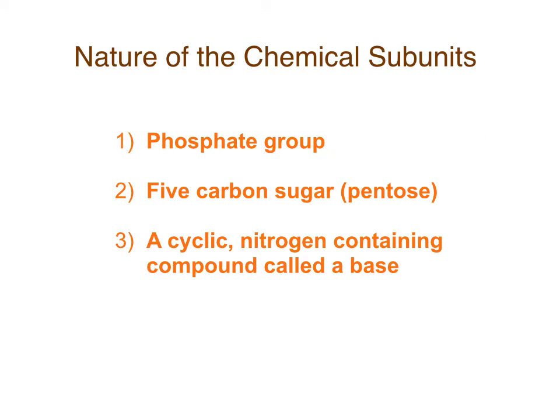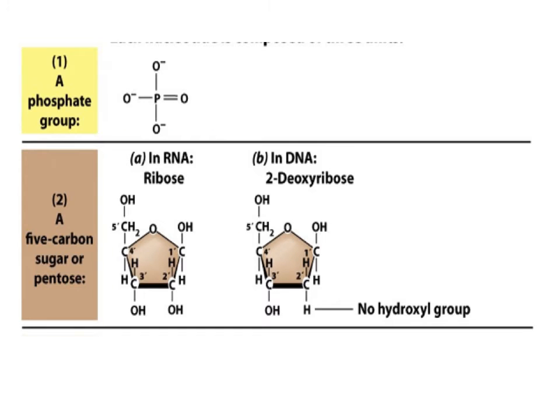The three subunits that make up the nucleotide are a phosphate group, a pentose sugar, and a cyclic nitrogen-containing base. Phosphate groups can have a single phosphate when there's that phosphodiester bond, or can have a triphosphate. Here we see the difference between RNA and DNA.